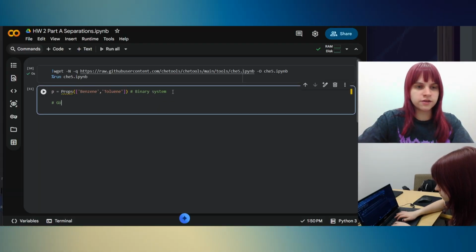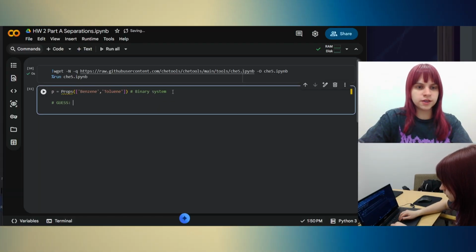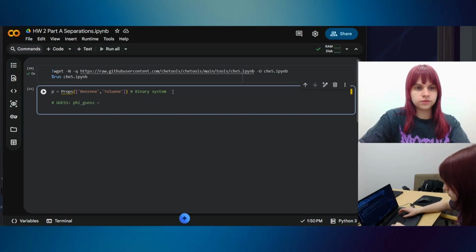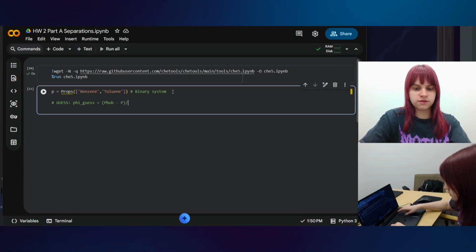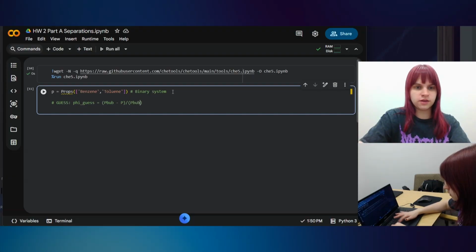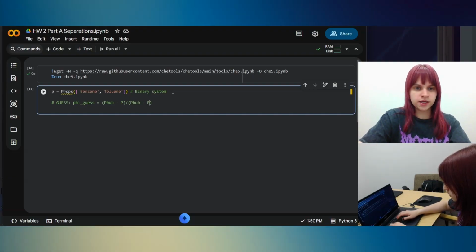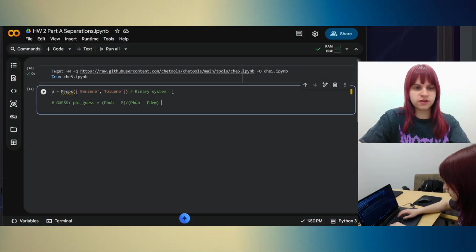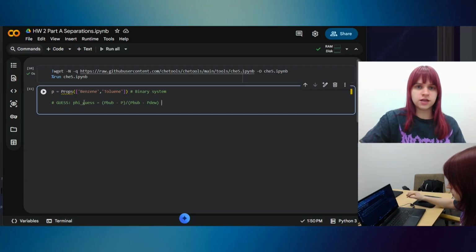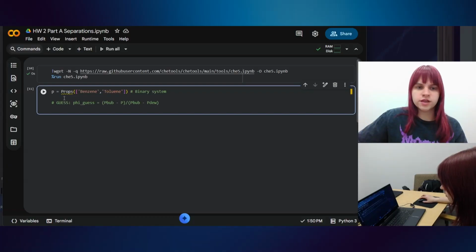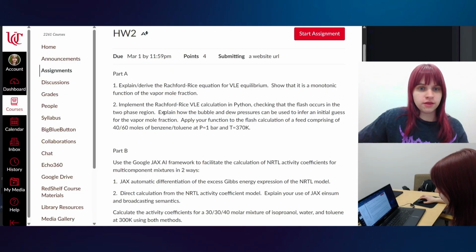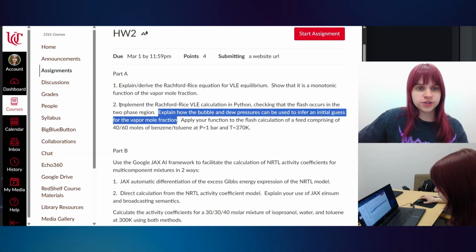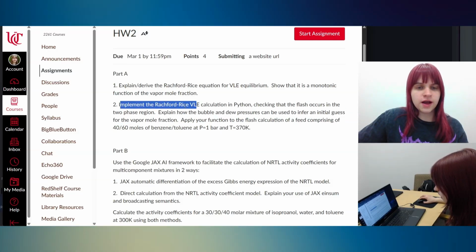To get a guess, we could do a linear interpolation, taking the bubble pressure minus the system pressure divided by the bubble pressure minus the dew pressure, which would give us a decent estimate, at least to start off with.